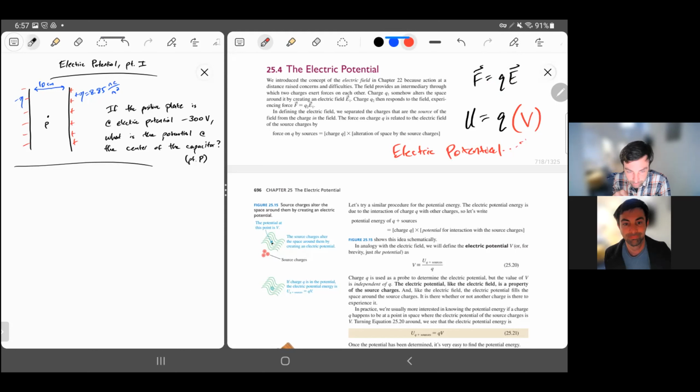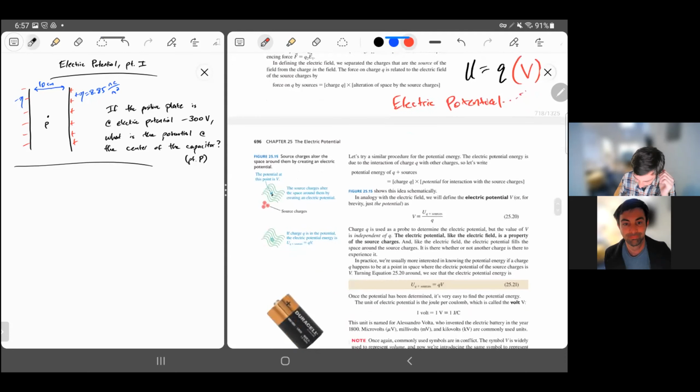Your book is explaining that the source charges create a field. It's a scalar field, not a vector field. So at every point in space, there's some electric potential. And then if you put a charge there, there's some associated potential energy. So this formula right here is this.